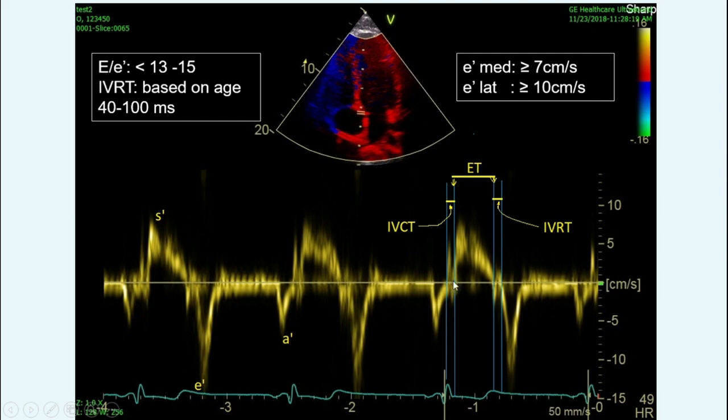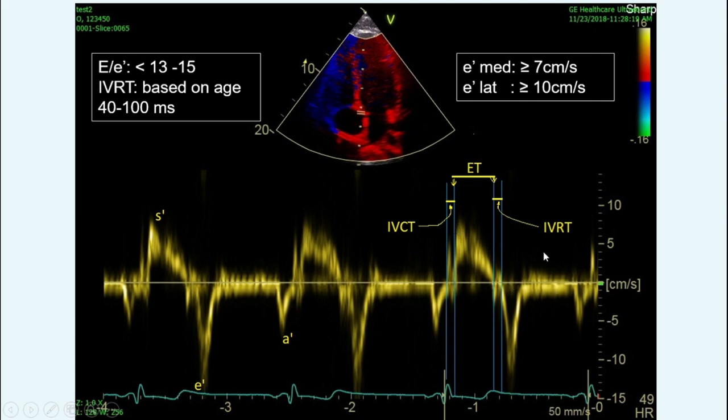So it starts right after R, as you see here, and we will see a spike here in the Doppler that represents mitral valve closing. The second click or spike is aortic valve opening. The time between these two, the closing and opening of the valves, is IVCT.